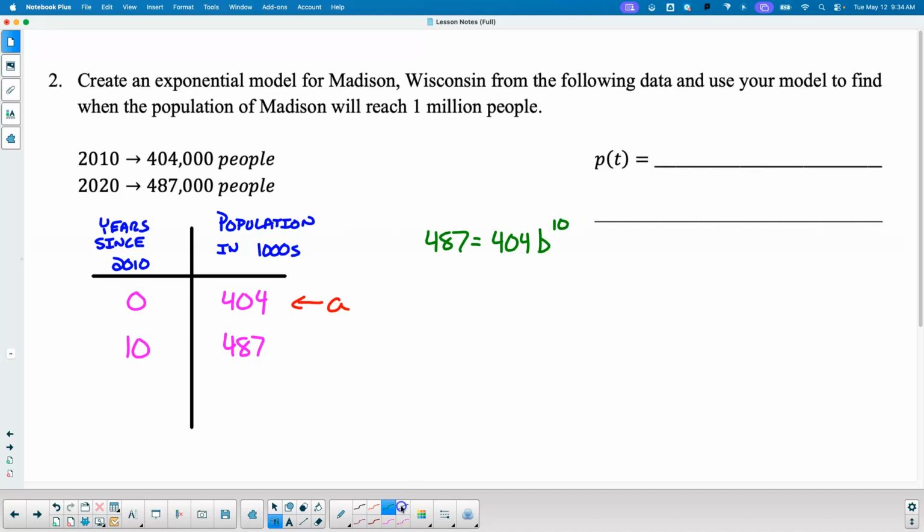So I'm going to have 487 divided by 404 is b to the 10th power. Then take the 10th root in either fashion. And that gives me 1.6.